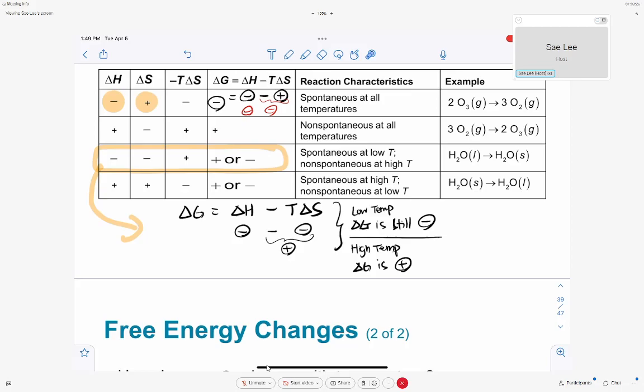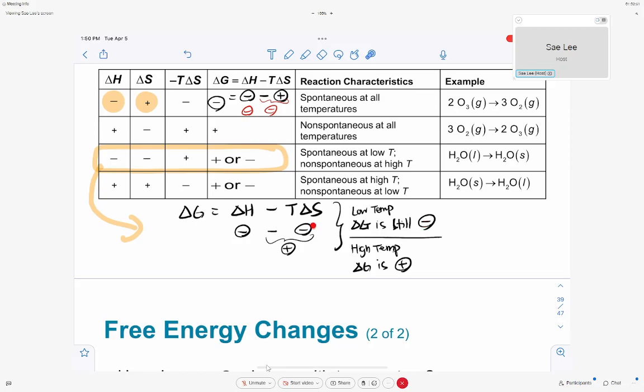So it really depends on the magnitude of this T. Are you adding a small value to this negative enthalpy, or are you adding a large value to this negative enthalpy? If you're adding a small value to this negative, it's still going to be negative.